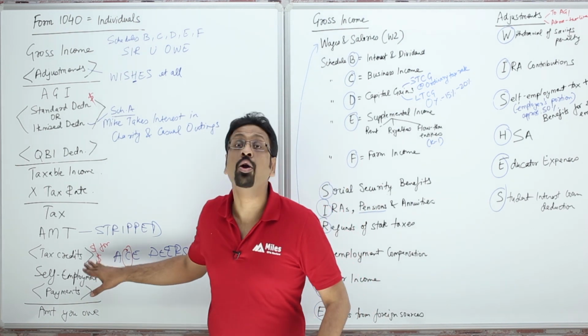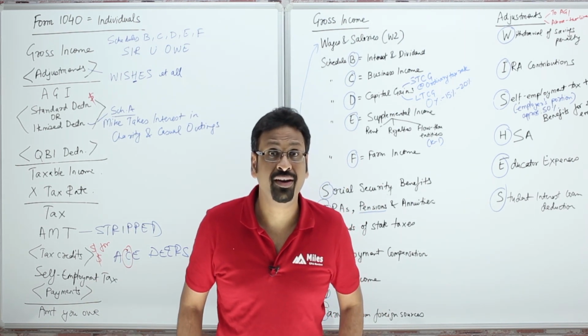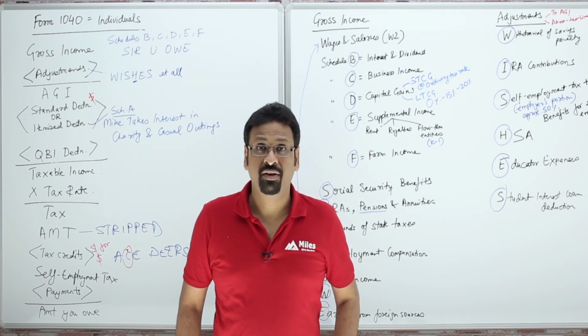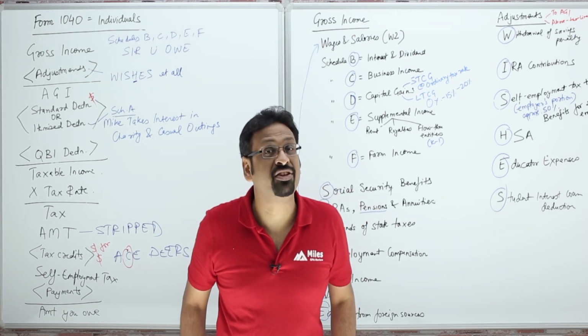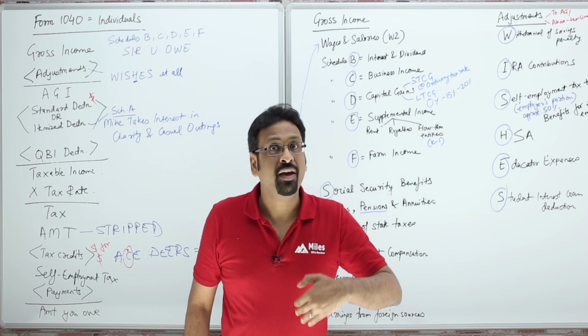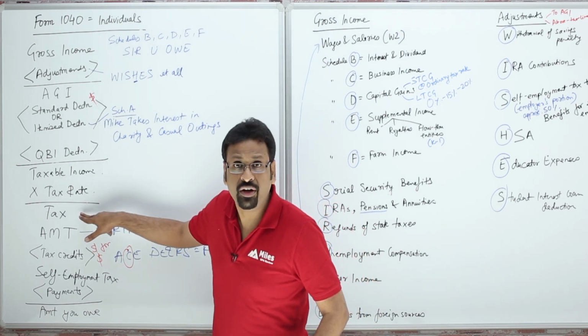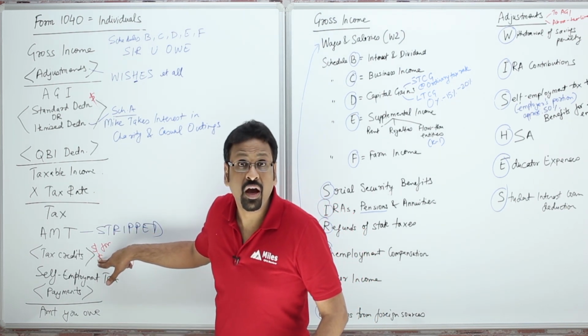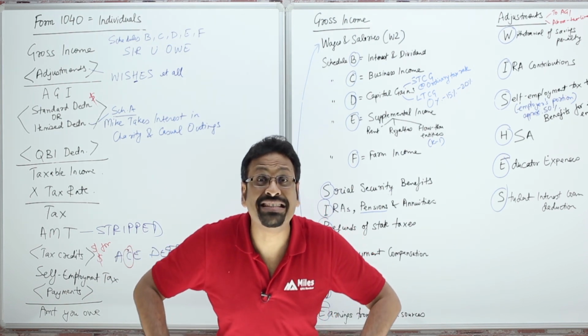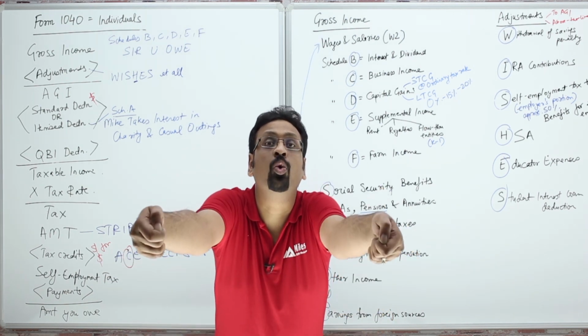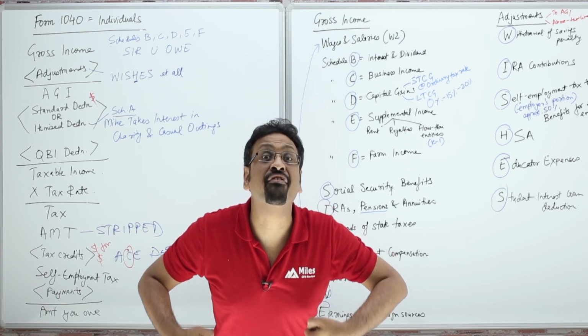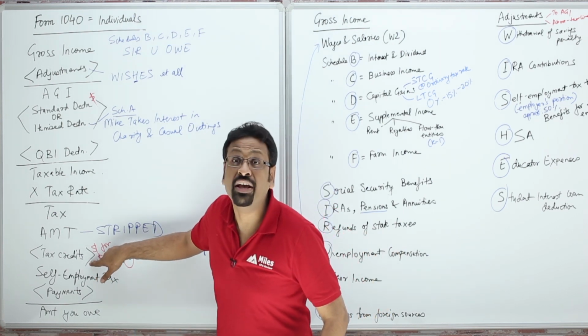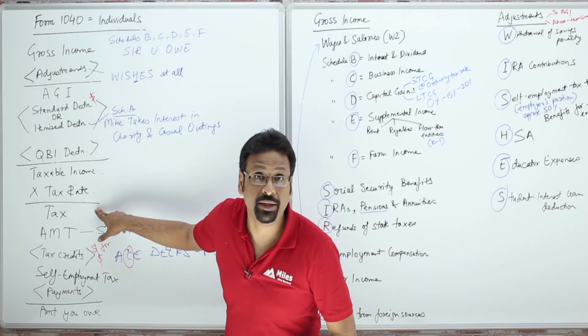However, with refundable tax credits, Uncle Sam would actually send you back a check of $200. Uncle Sam would refund it if your tax credit is more than the tax liability.